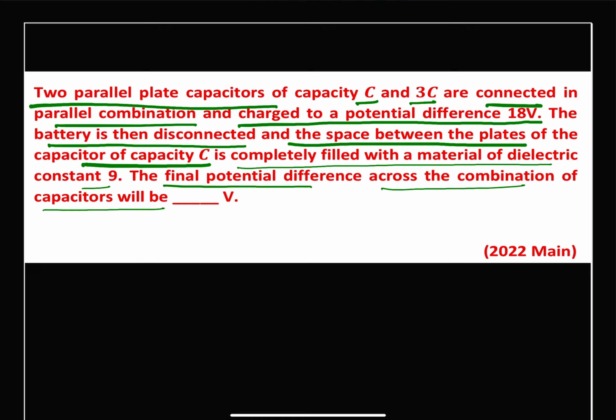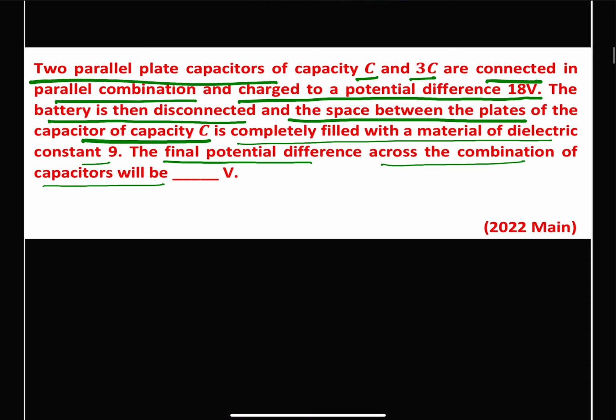So initially we have two capacitors connected in parallel with a voltage source of potential difference 18 volt. Let us call this C1, which is equal to C, connected in parallel with C2, whose value is 3C, across the voltage source of 18 volt.